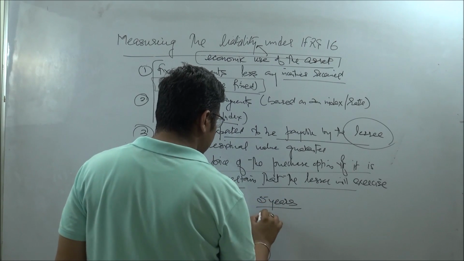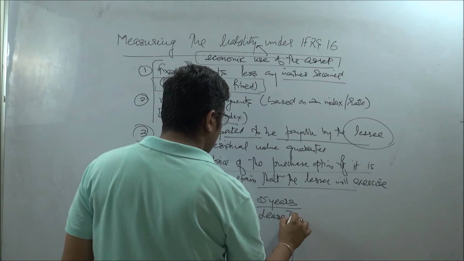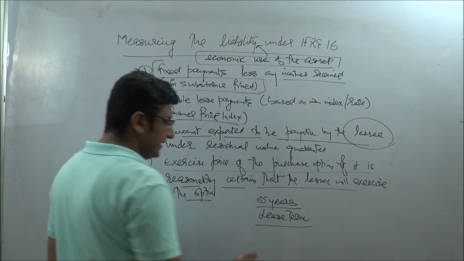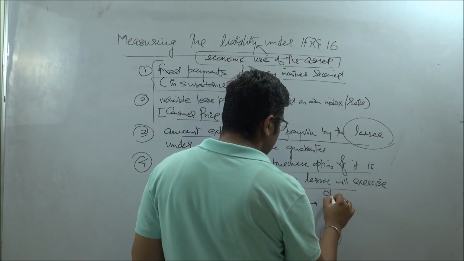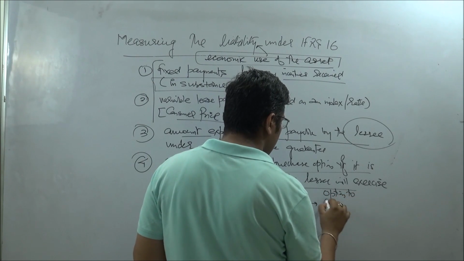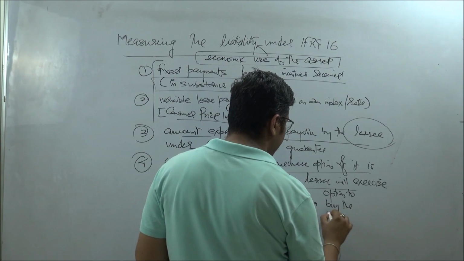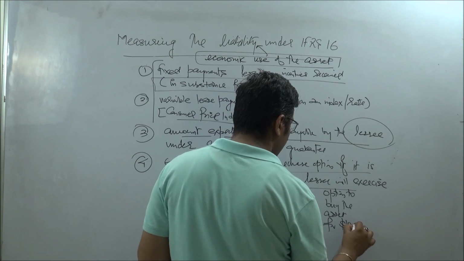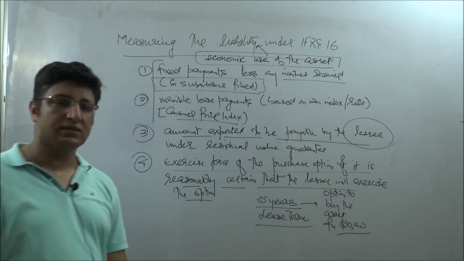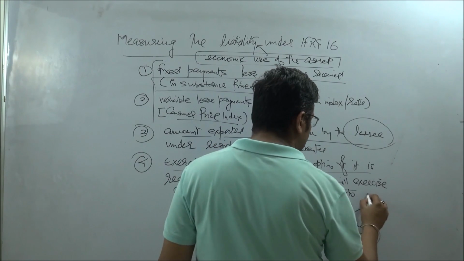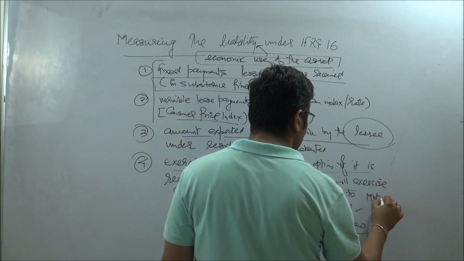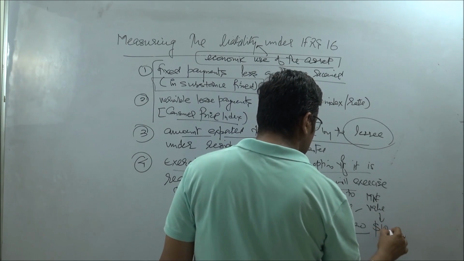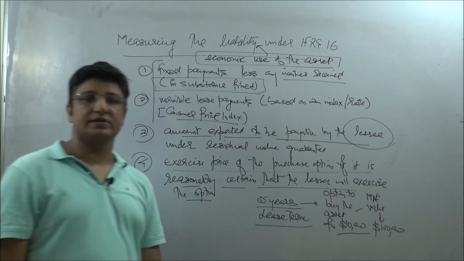So if I say that I'm using an asset for 5 years, so my lease term is 5 years here. Okay. Now what we are saying is, after 5 years there is an option to buy the asset for $10,000 and the market value of this asset is likely to be, let's say, $100,000, right?